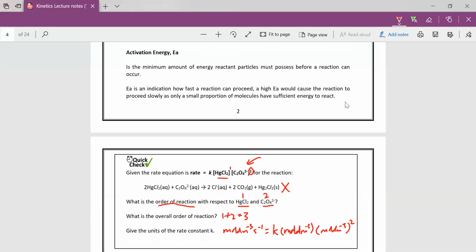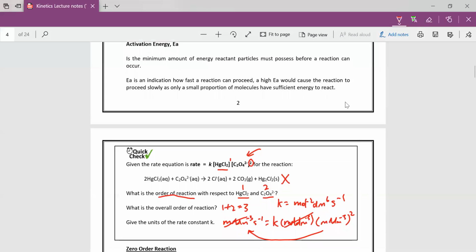What we can do is cancel this off because it's the same on both sides, and bring this term over to the other side. So what we're left with is that k equals the units mole minus 2 dm6 per second. So that is the unit of the rate constant. Okay, did you manage to work that out?